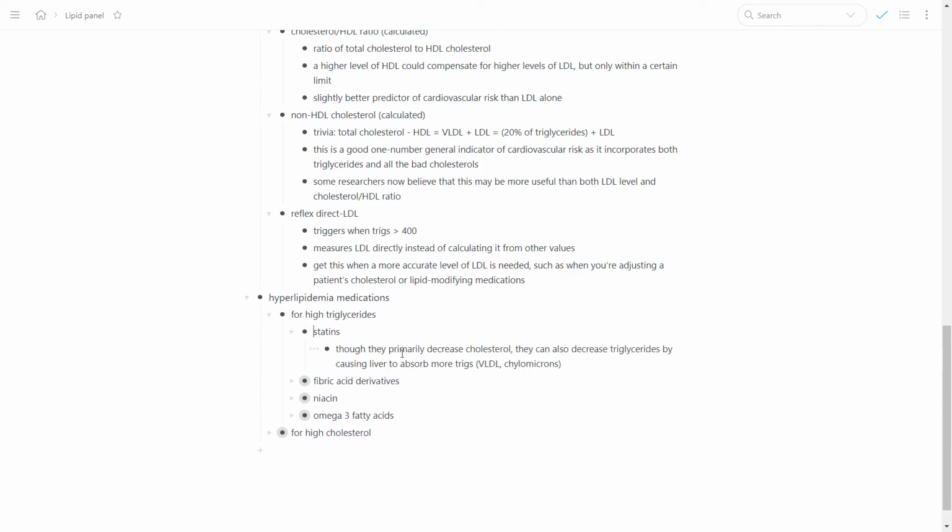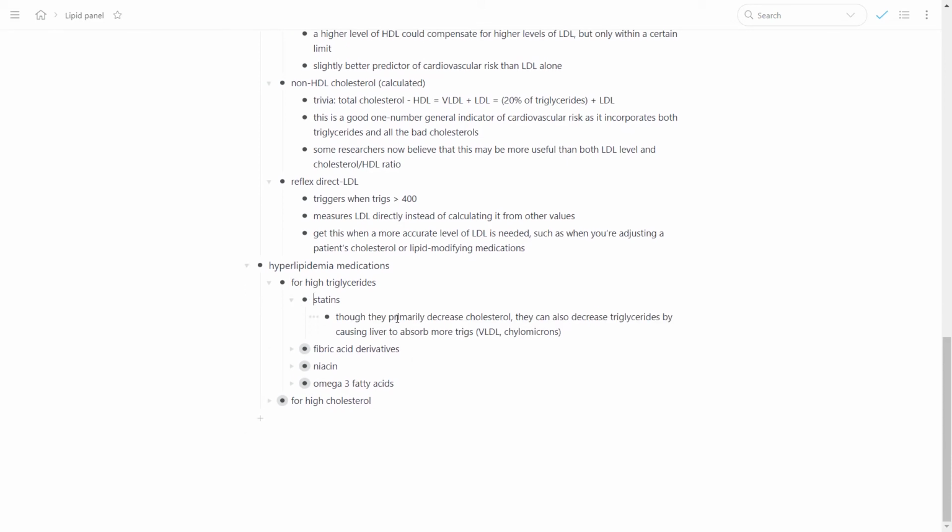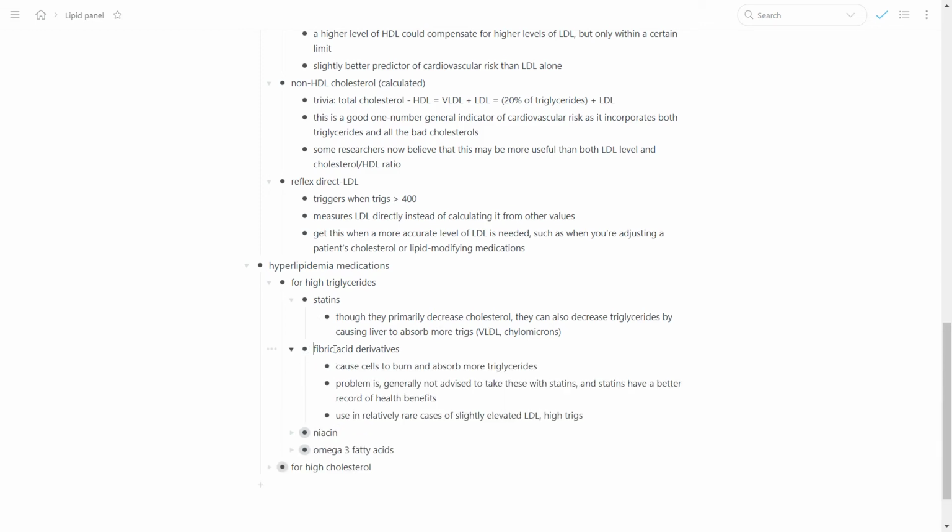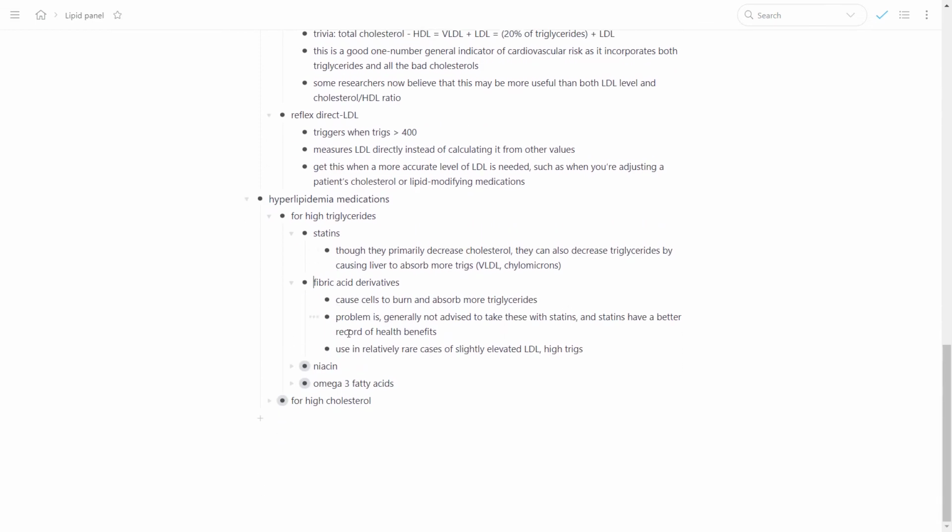They are primarily known as a cholesterol medication, and they primarily decrease cholesterol, but they can also decrease triglycerides by causing the liver to absorb more triglycerides, so there's going to be less in general circulation. Another one is fibric acid derivatives, and those cause cells to burn and absorb more triglycerides. That's body tissues in general.